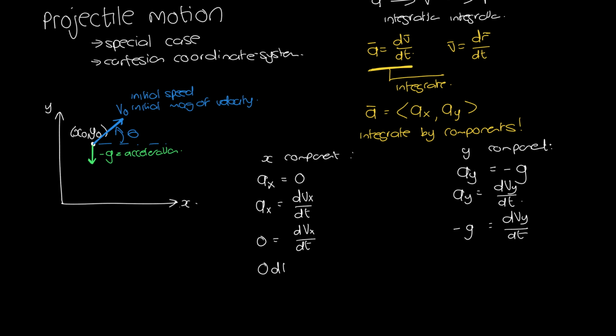We're going to have 0 dt equals dvx, and on the other side for the y component, minus g dt equals dvy. Now we have to confirm that these are separable, with all the t's on one side and all the v's on the other side. Both of them are, so we can then integrate. We can put the integration signs.